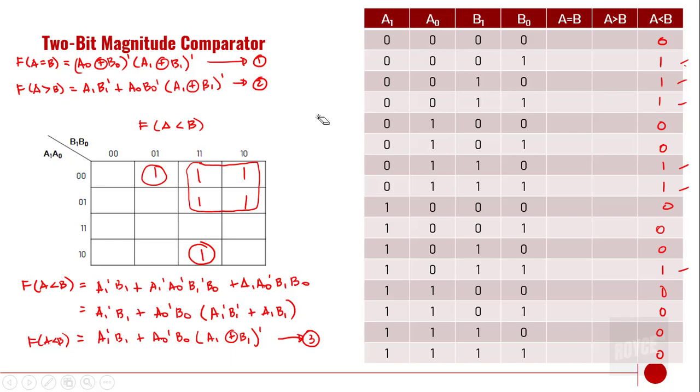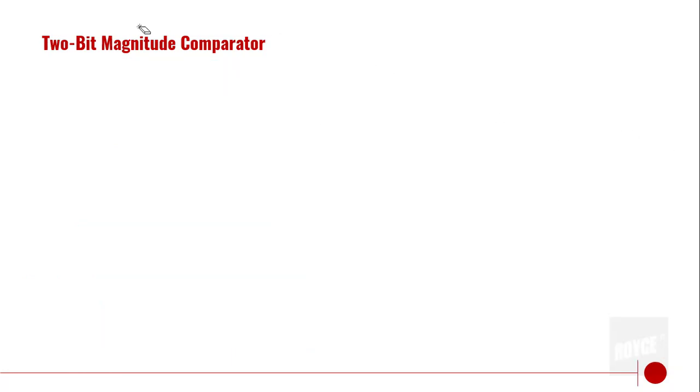So, yan na yung sunod na gagawin natin dito. Sulat lang ulit natin para hindi tayo malito. Our first expression, A is equal to B, is A0 XNOR sa B0, and then A1 naka-XNOR sa B1.